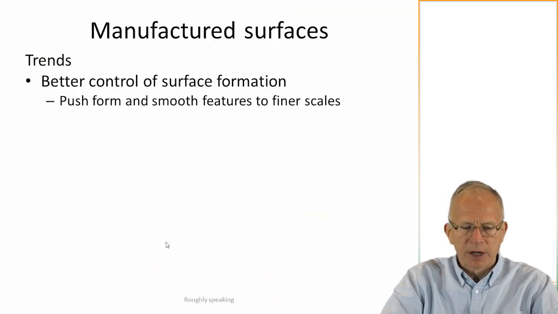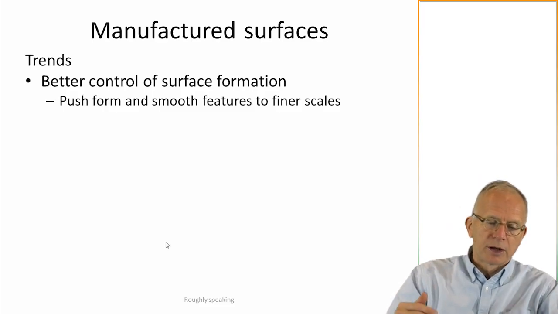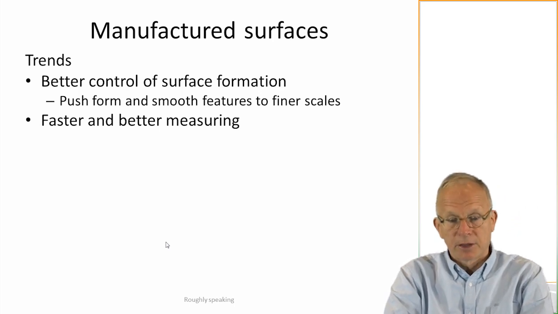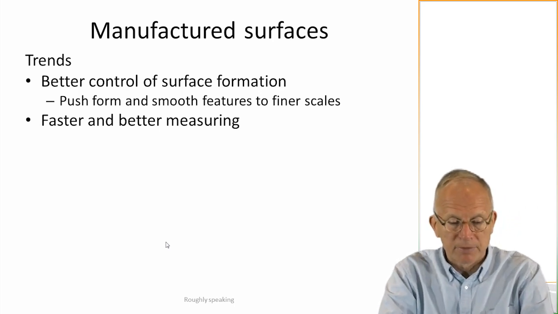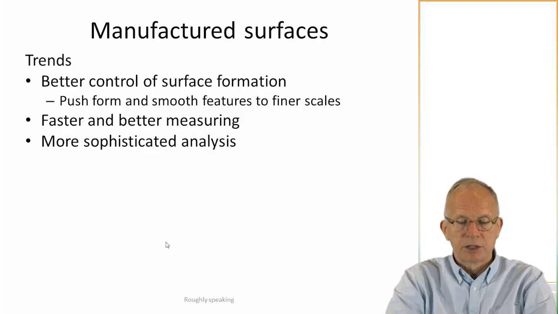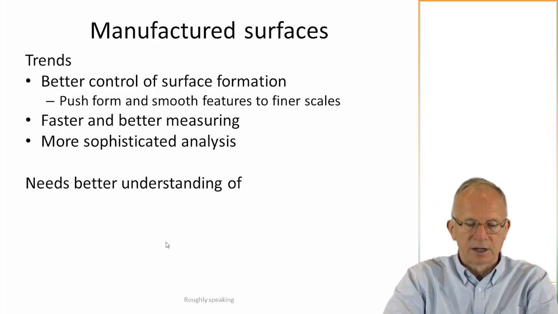So what are the trends in manufactured surfaces? And we'll be taking a look at more details on these later. But it is better control of the surface formation and trying to push smooth form and smooth features to finer scales. Another thing we'd like is better and faster measuring, and people are now trying to do this more in the machine tool, so corrections can be made in the machine tool. And as we've seen, we're doing more sophisticated analyses.